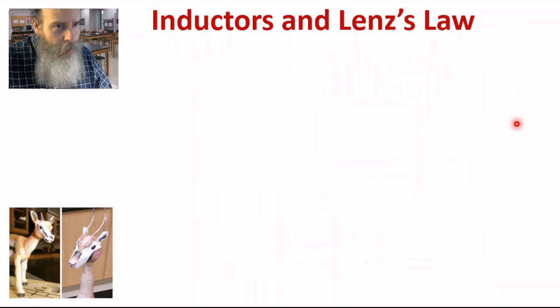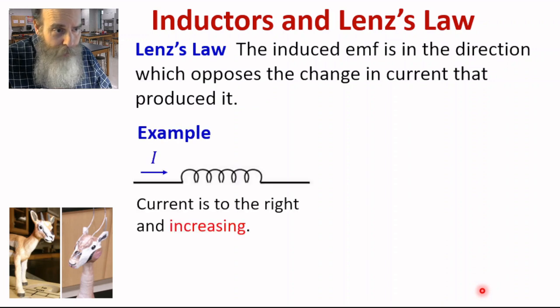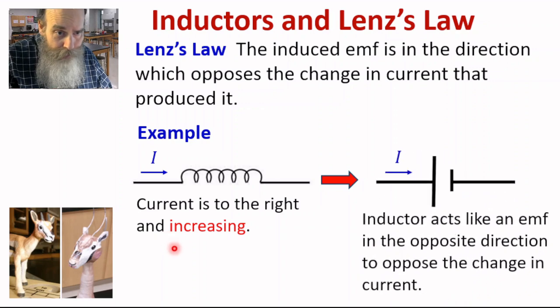Now let's look at inductors and Lenz's law. Lenz's law: the induced EMF is in the direction which opposes the change in current that produced it. Let's look at an example. Here we have current flowing to the right, and this current is increasing. So the inductor is going to respond like this.